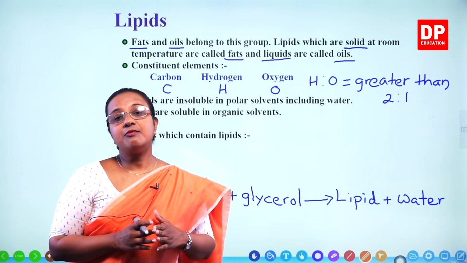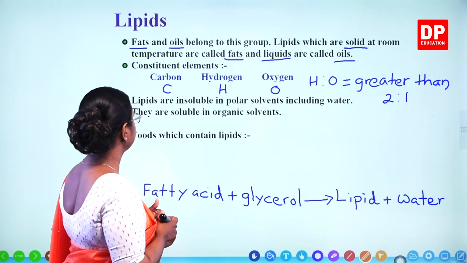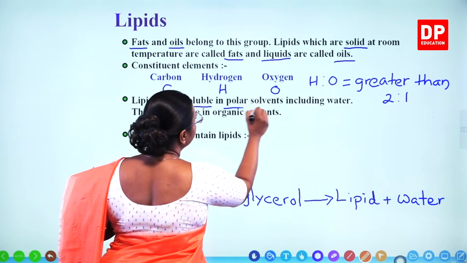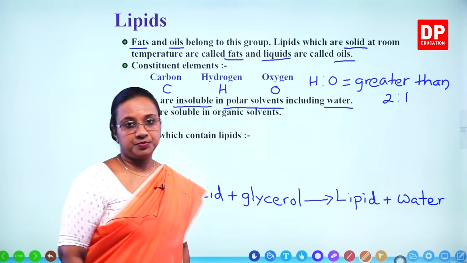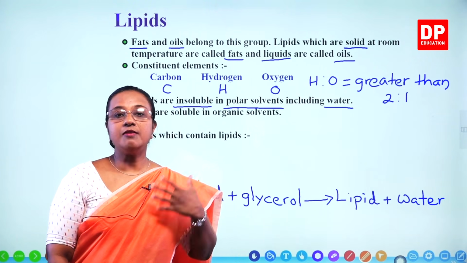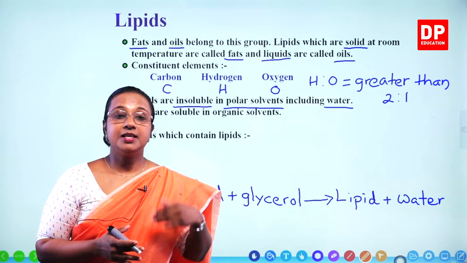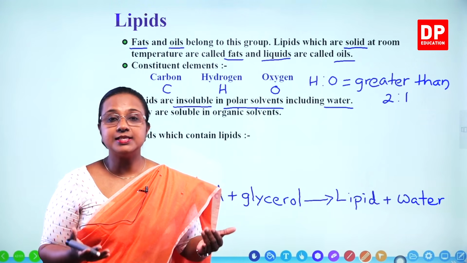And because they are very large and they are made up of these two components, lipids are insoluble in polar solvents including water. If we look at substances that can dissolve other substances, they are known as solvents. They dissolve other substances which are called solutes.